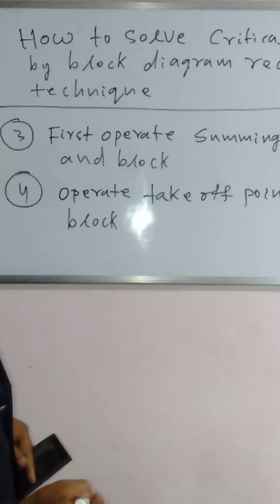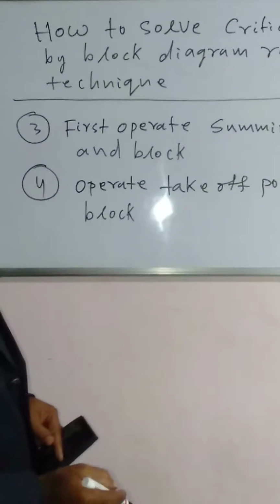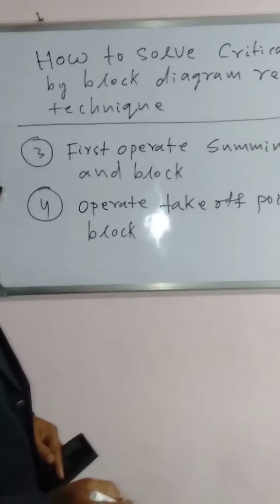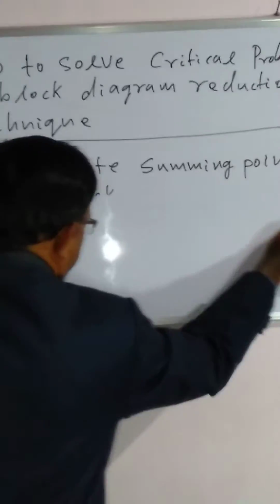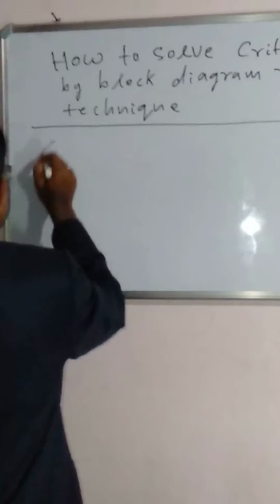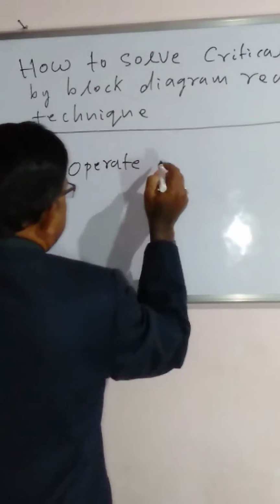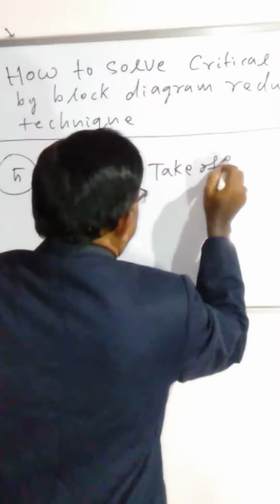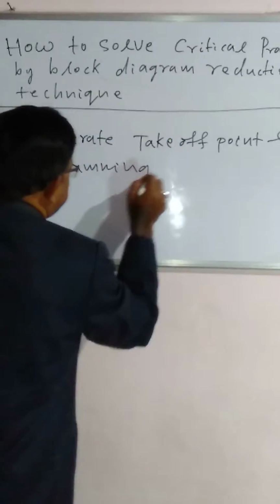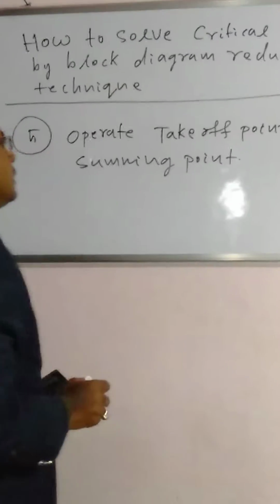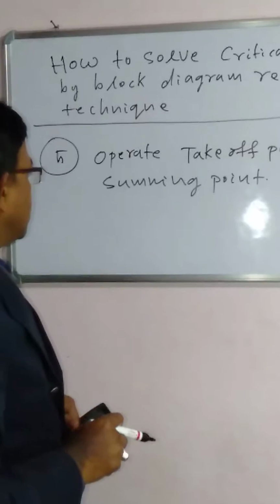If the problem is not solved by moving the summing point beyond the block or ahead of the block, or by moving the takeoff point beyond the block or ahead of the block, then the next step is step number 5: operate takeoff point and summing point, that is, by moving the summing point or takeoff point beyond the summing point or ahead of the summing point.